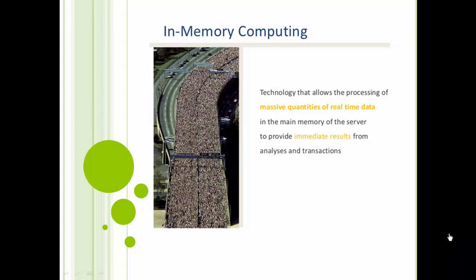IO means input output bottleneck, which was the problem earlier with all the traditional databases. The main drawback with traditional databases was the IO bottleneck. But with SAP HANA, we have got rid of this IO bottleneck.